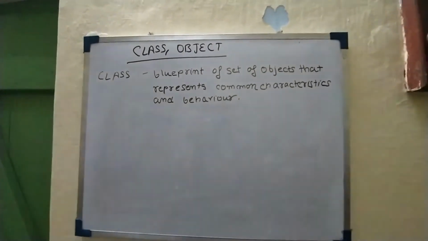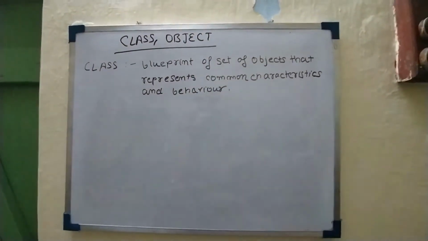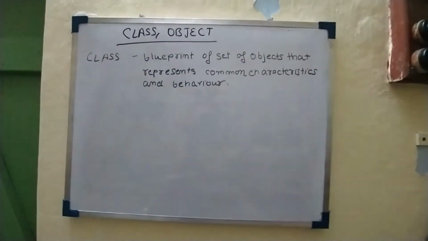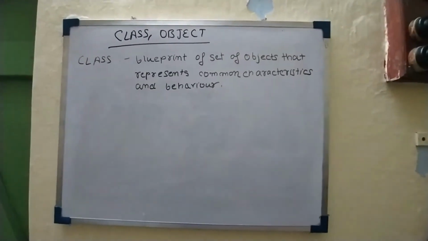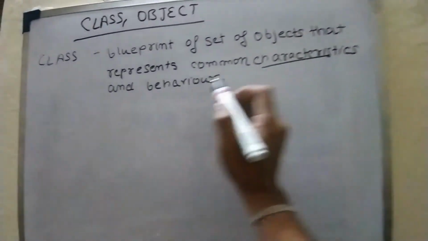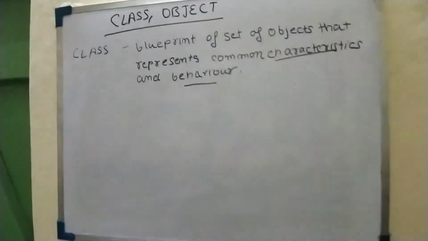So a class is basically a blueprint of a set of objects that represents common characteristics and behavior. Now what's important is to understand what characteristics and behavior basically are. These two terms are important.